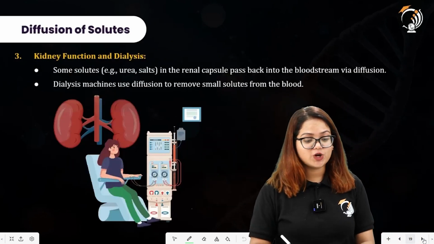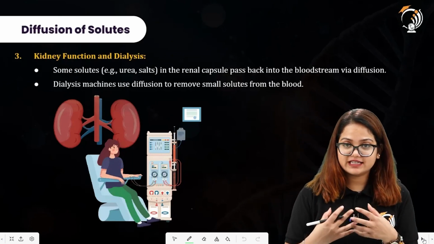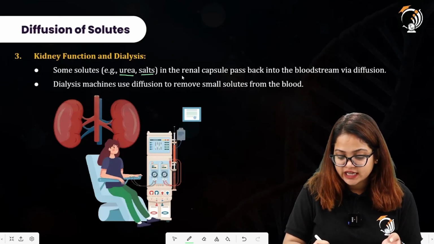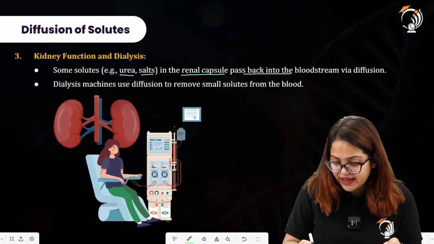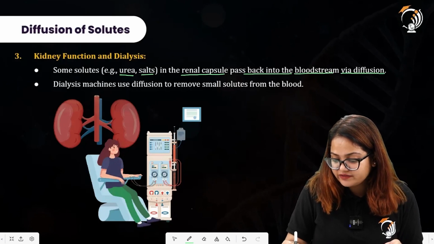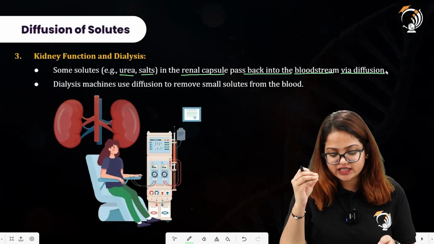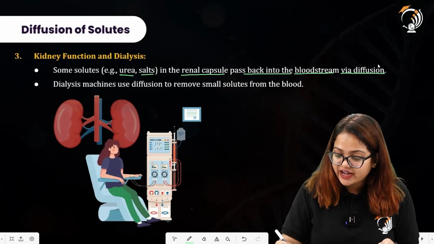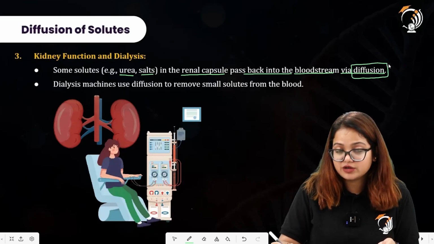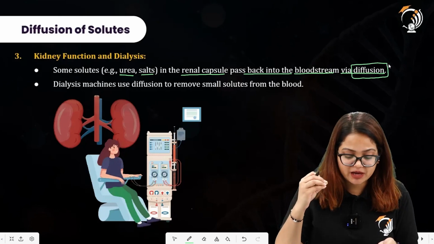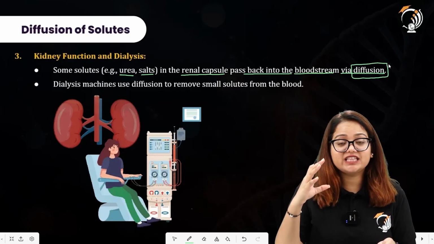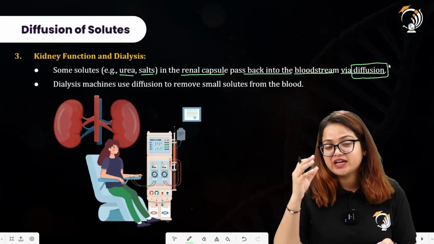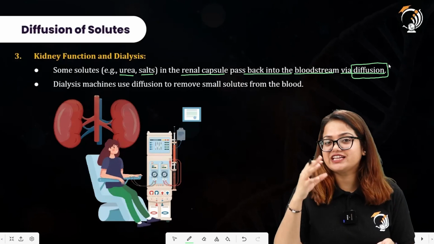Kidney function and dialysis also follow the process of diffusion. Let us see how. Some solutes like urea and salts in the renal capsule pass back into the bloodstream via diffusion. So you just have to consider that the solutes are moving into the bloodstream via diffusion, and you do not need to worry about what is actually happening in the kidney function, since we also have a lecture planned for the excretion process and the respiration process.